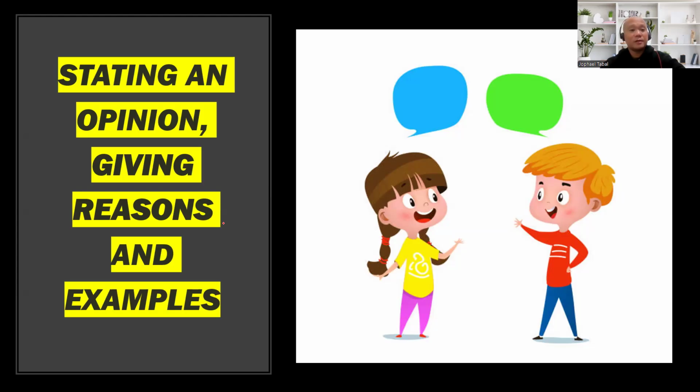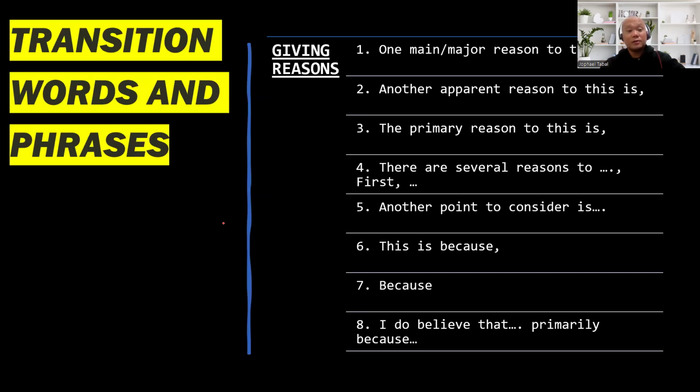So, for example, if the question is asking you to give reasons, then the candidate can use transitional words and phrases to give reasons. So we have here, for example, one major reason, a prime reason, the primary reason to this. There are several reasons to this, etc.